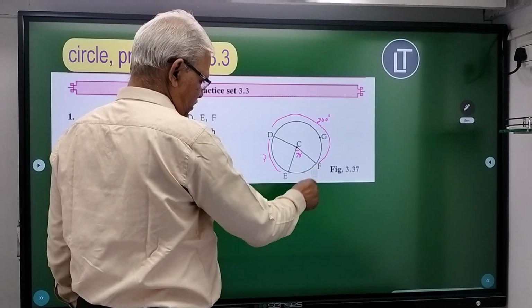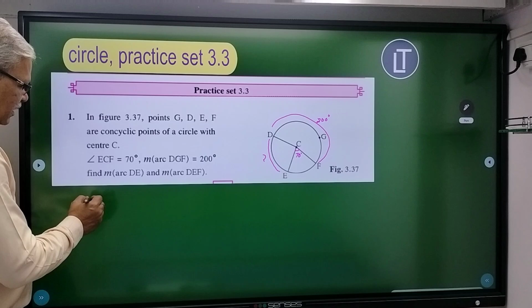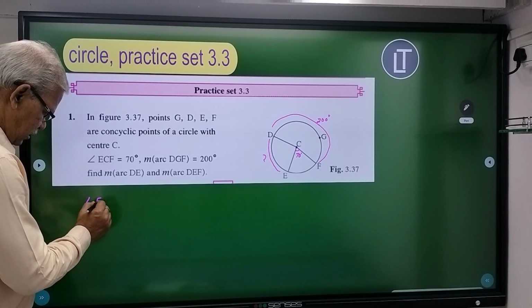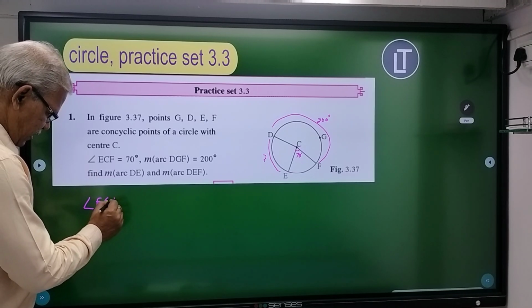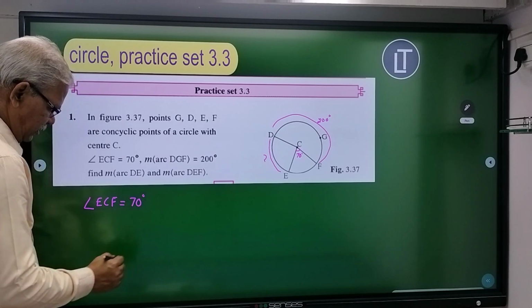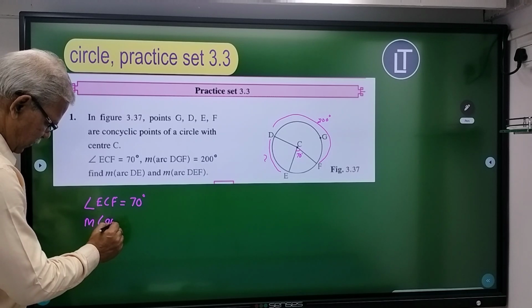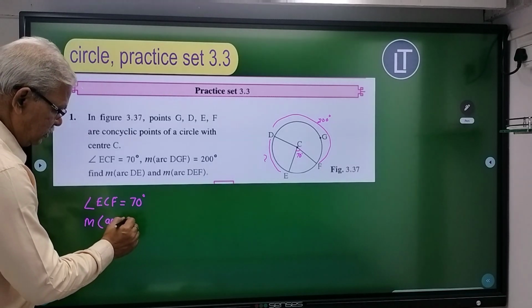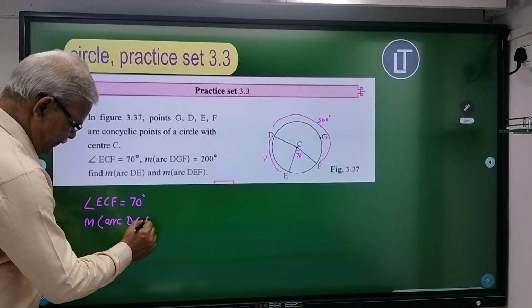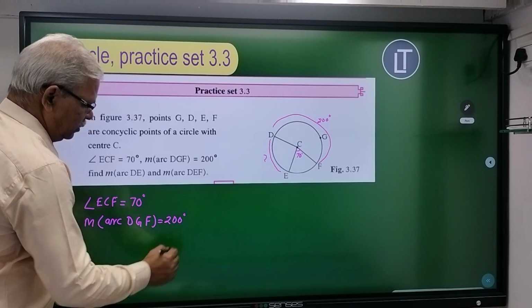Okay, here see now, the first thing given is this angle ECF, it's given 70 degrees, and measure of arc DGF is equal to 200 degrees.